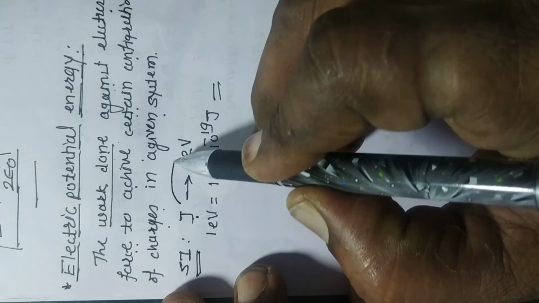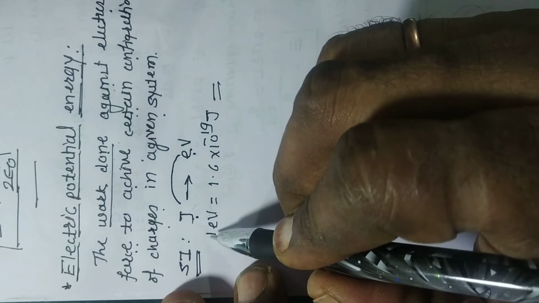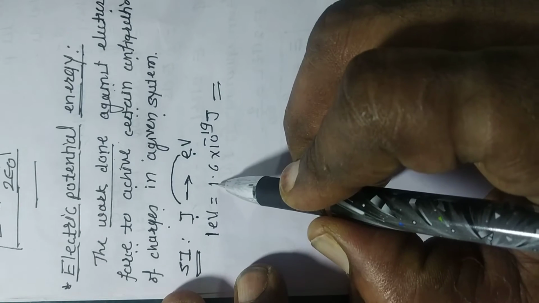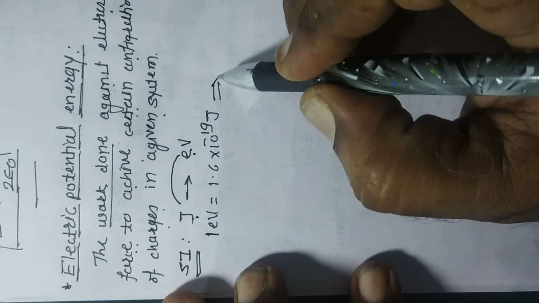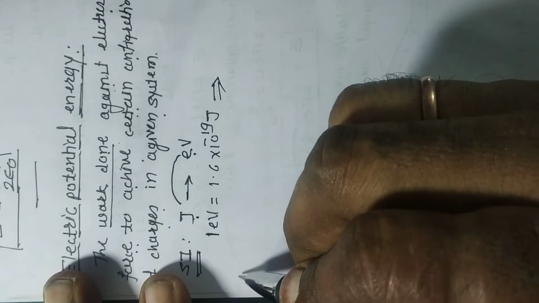Relation between joule and electron volt: 1 electron volt is equal to 1.6 into 10 raised to minus 19 joule. Remember this relation. Actually SI unit of potential energy is joule, but in case of electric potential energy the convenient unit is electron volt.